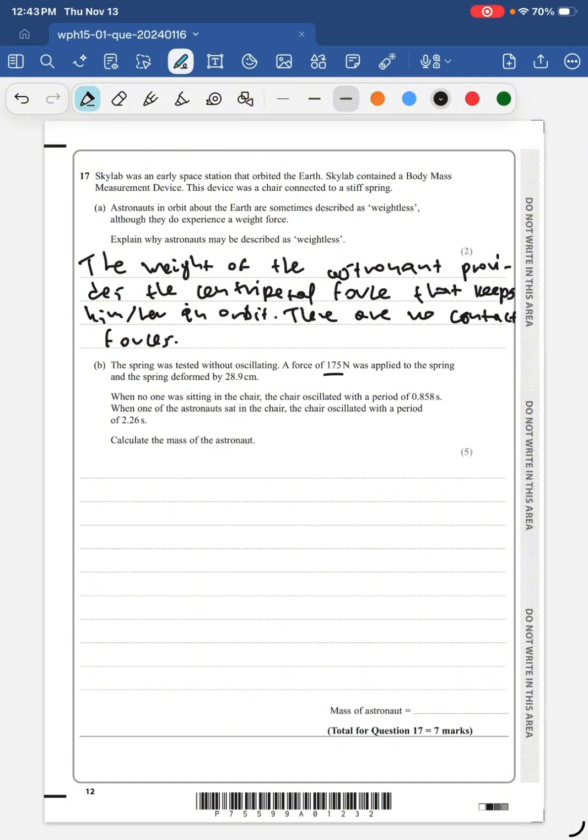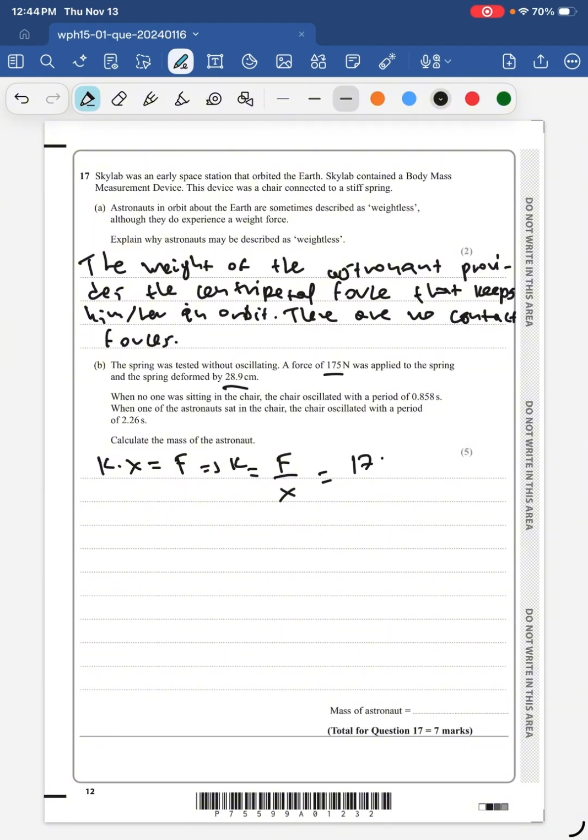So when a force of 175 newtons was applied, the spring deformed by 28.9 centimeters, which means that kx is equal to that force that was applied, right? So we can use this to calculate k, the spring constant. So k is F over x.